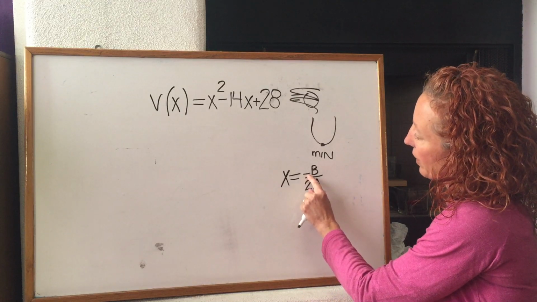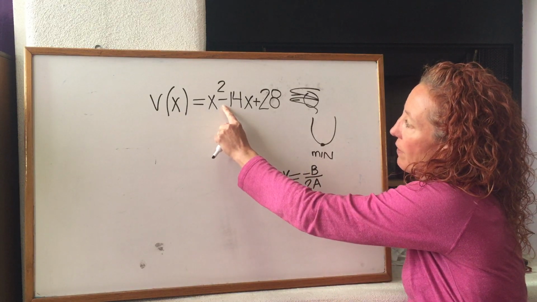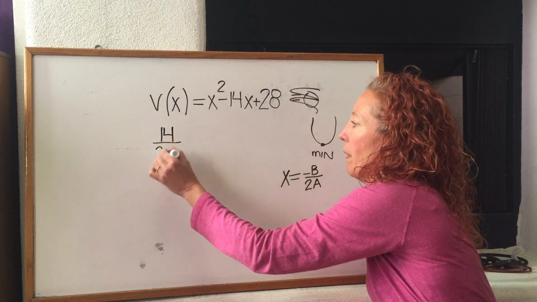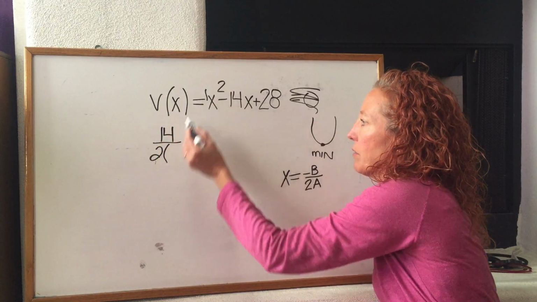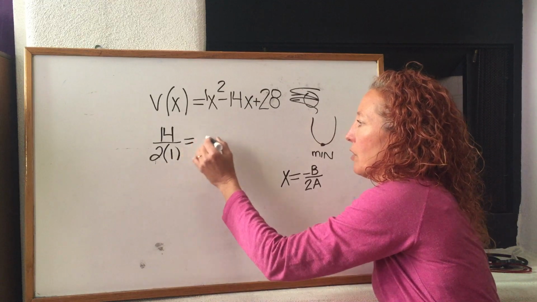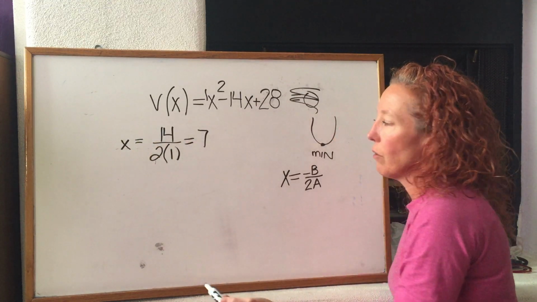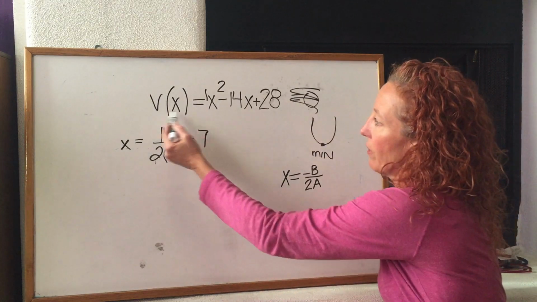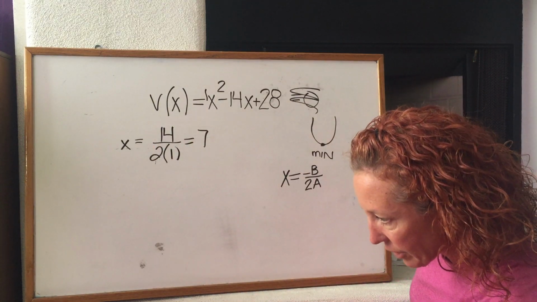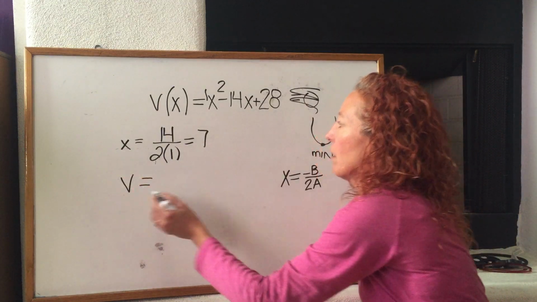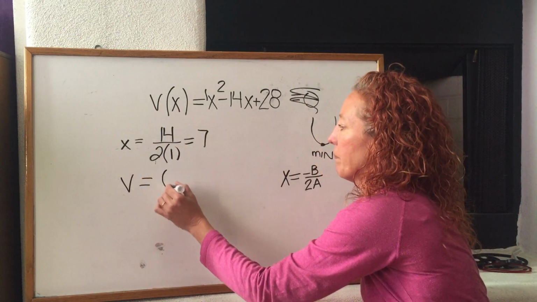So again, we start with a negative. So since I have a negative 14, I'm going to change that to a positive over 2 times a is 1. So my x value is 7. And in order to find the y, or in this case the v, which is the value of the stock, I'm going to plug that 7 in.